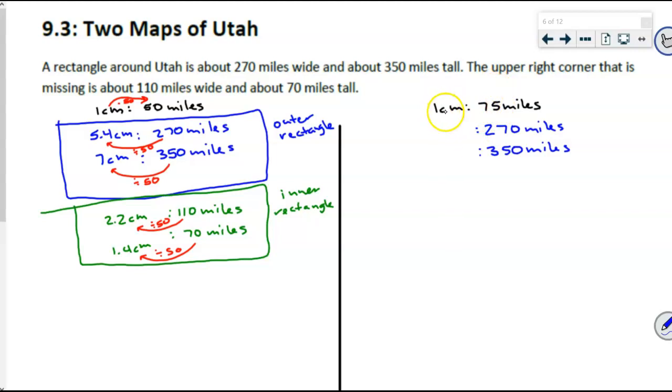So if 1 centimeter is 75 miles, and I now need to represent 270 miles, how many centimeters is that going to take? Tell me how you're getting the numbers. Let's see those hands, folks. If you're still drawing, you need to stop drawing so that you can raise your hand and help me out with these calculations.